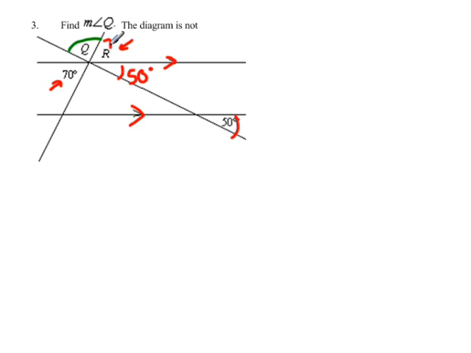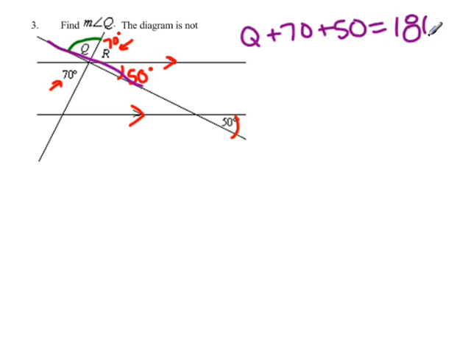So that means that angle R is 70 degrees. And we notice that the angles on a line are equal to 180. So we have Q plus 70 plus 50 equals 180. So Q plus 120 equals 180. Q is equal to 60.